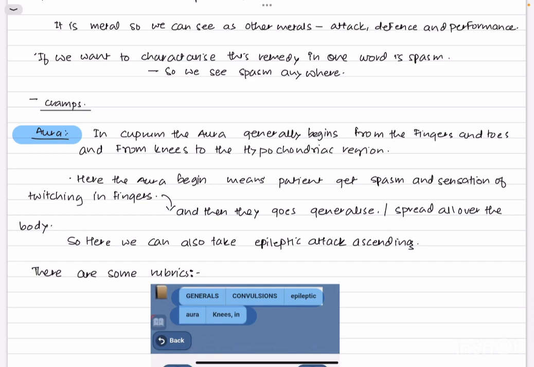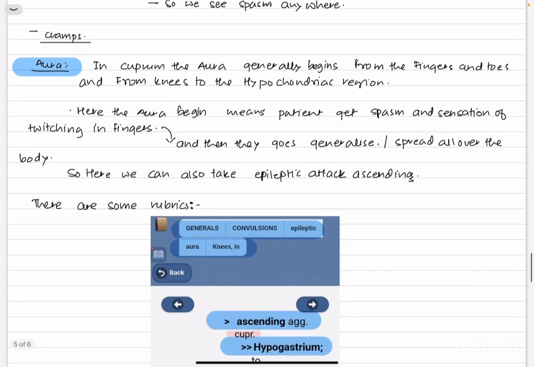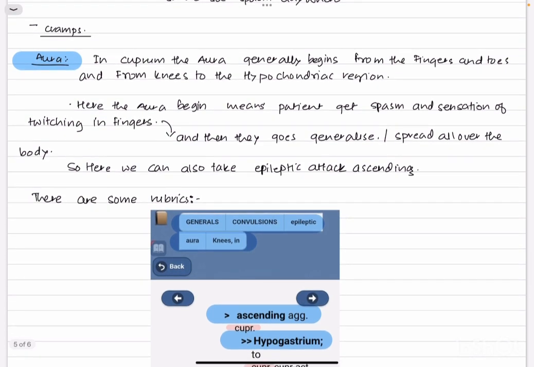So these three locations are important in Cuprum metallicum: generally from the fingers, from the toes, or from the knees. The rubric for that is general convulsion, epileptic aura, needs from.